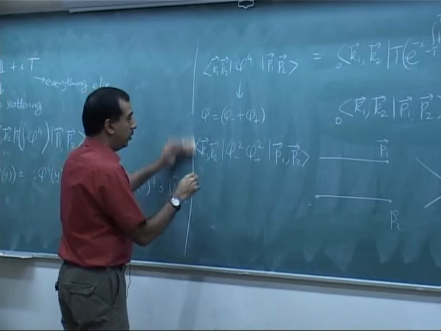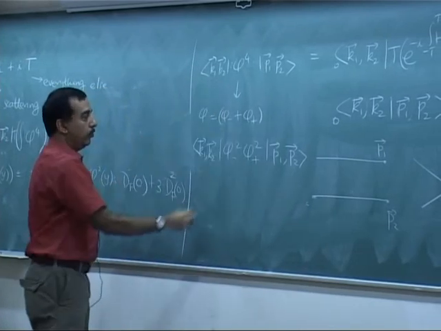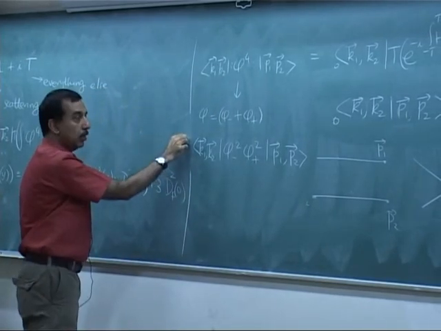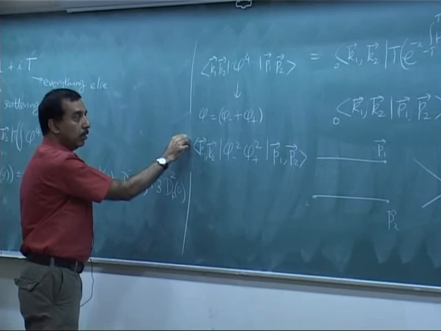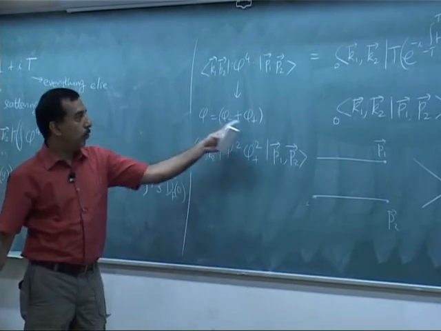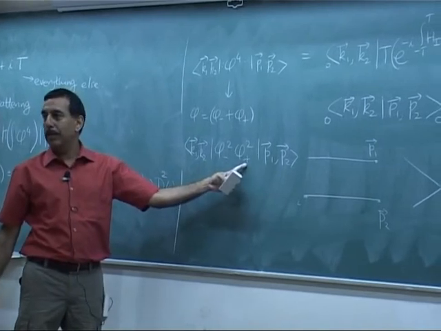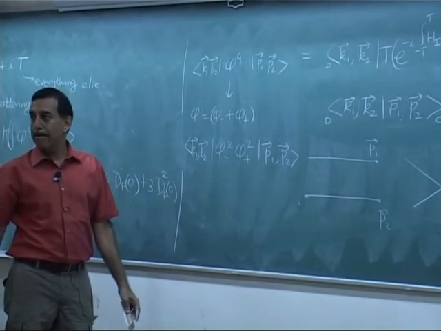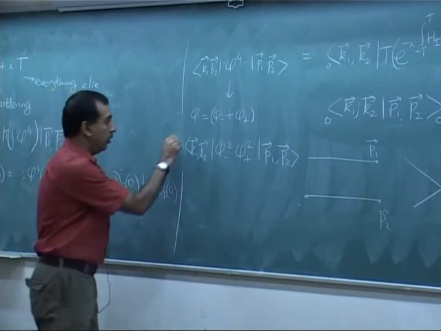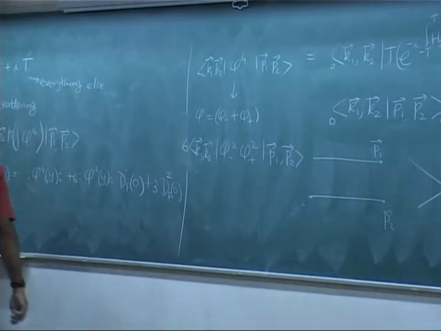And what is the coefficient of this in the expansion of phi to the fourth? If I take the 4th power of this, with what coefficient do I get phi minus squared, phi plus squared? Very good. 6.